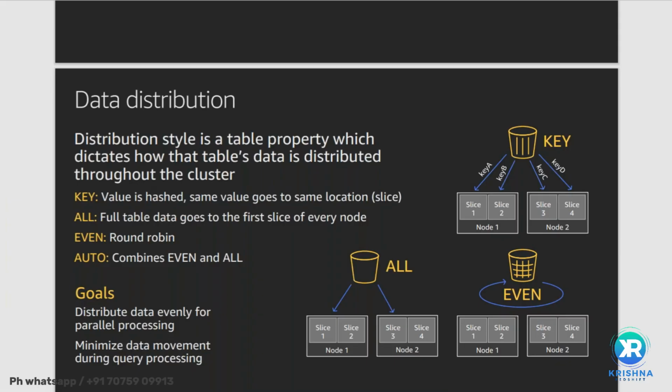Key means you define one particular column as the distribution key, which we call dist key, based on which it will distribute the data to all the nodes. I'm saying nodes, but actually data will be distributed to the slices within the node. You should know that.